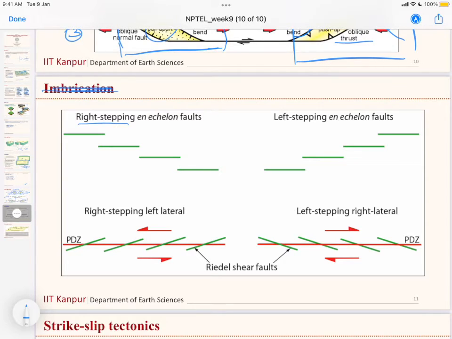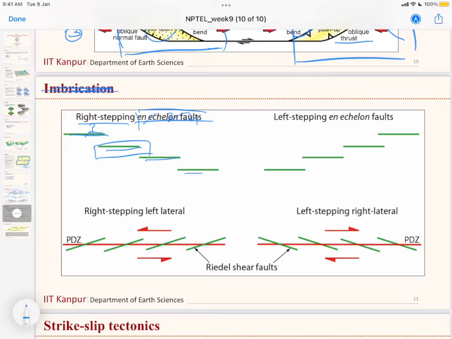If we see, just focus, avoid this en echelon fault system. If we see simple right stepping, what does it mean? Now the steps are forming, the normal staircase you can imagine. So if you are standing on the top step of this staircase and looking at the step below, would it appear on your right hand side or the left hand side?